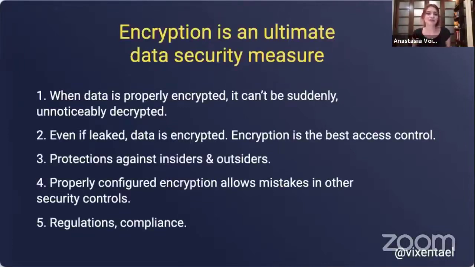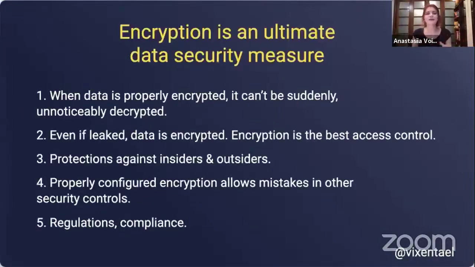Because even in case of the incident, in case of the breach, the data is still encrypted. I'm not saying that it's good, but I've seen examples where even when the incident happened, when the data was encrypted, the damage was quite limited. I really like encryption. And of course, this is a pragmatic security engineer perspective.